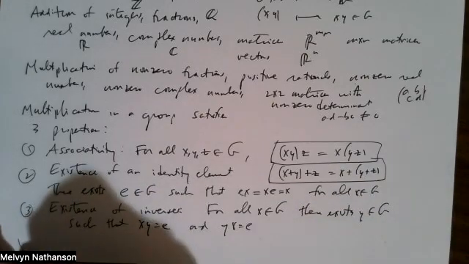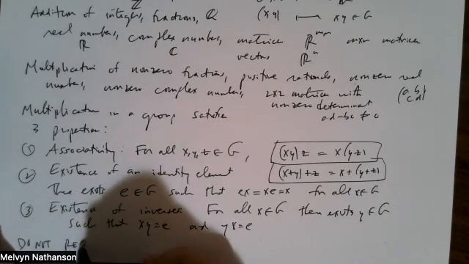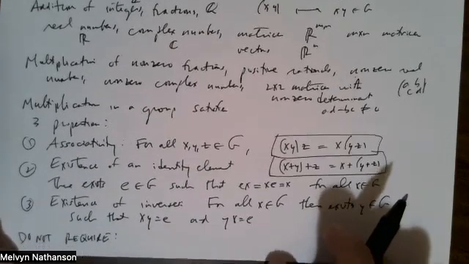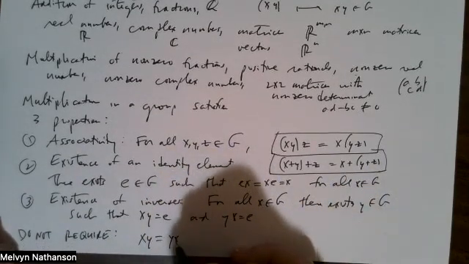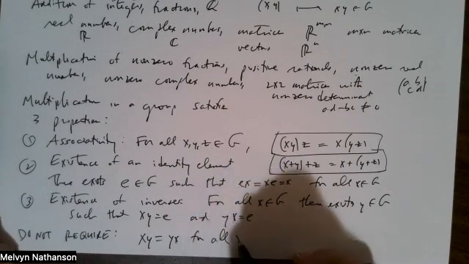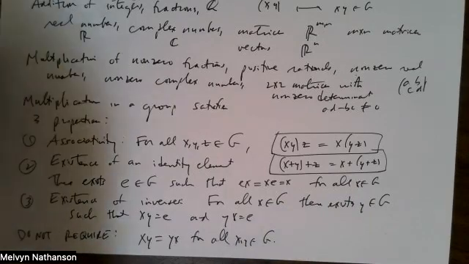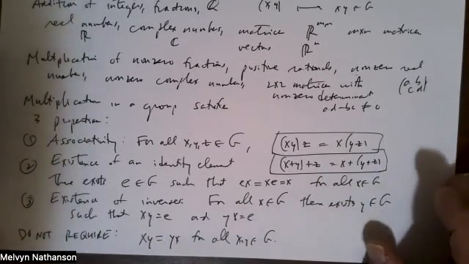Well, we do not require, so this is not a requirement for a group, that xy equals yx for all x and y in the group. That is, we don't require that the order of multiplication doesn't matter. Okay. Now, some groups do have this property.